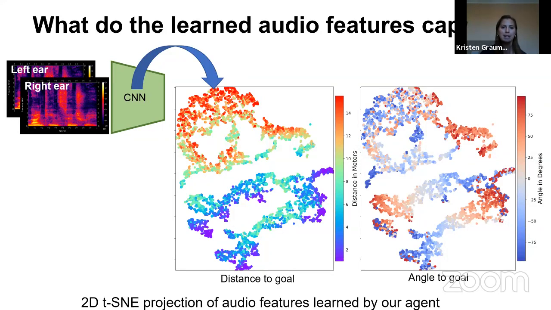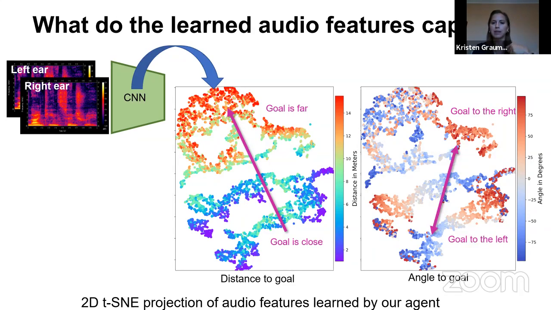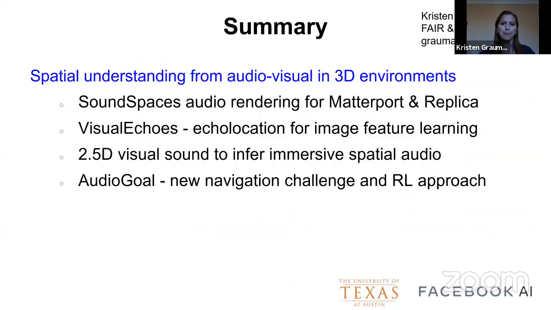And what's cool is that these are color-coded according to distance to the goal on the left and angle to the goal on the right. And so the more these colors cluster together, it means that the features are representing this to the agent. So in other words, from blue to red is that the goal is close or far, and that the goal is to the left or to the right. And this is coming out without us expressing it explicitly. The agent's learning it from its own audio sensing.